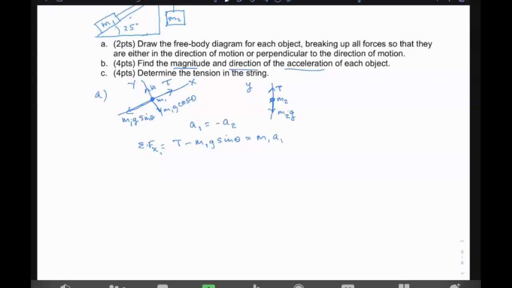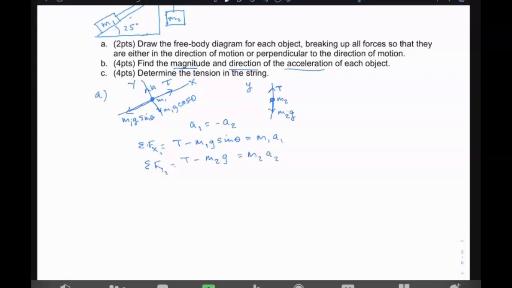Then if we study the motion of mass 2, summing the forces in the y direction, it has the tension in the plus y direction and the weight in the minus y direction, and that's equal to mass 2 times a2.